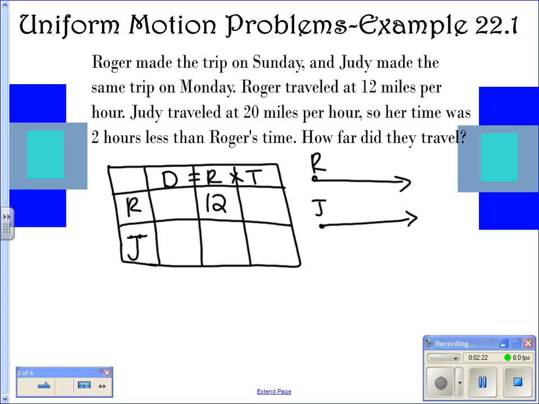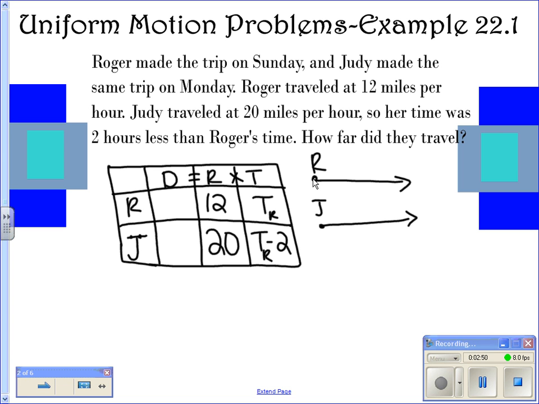The rate is 12, okay? This is the time of Roger, right? And Judy was less than Roger's time. Does that make sense?